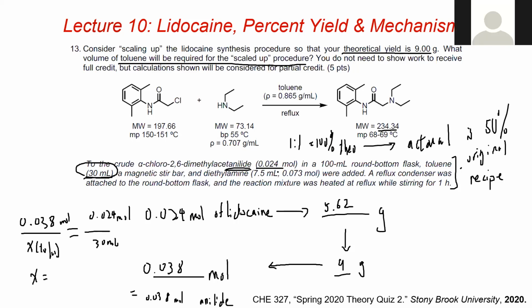And when you say 1-to-1, you mean 1-to-1 with the limiting reagent, right? 1-to-1 of the reagents only. That's what I mean by 1-to-1. And if the question asks 1-to-1 of the product and the reagents or the limiting reagents, then yeah.